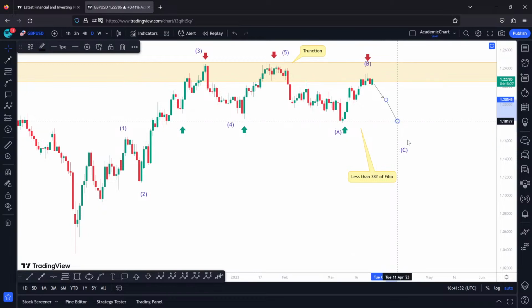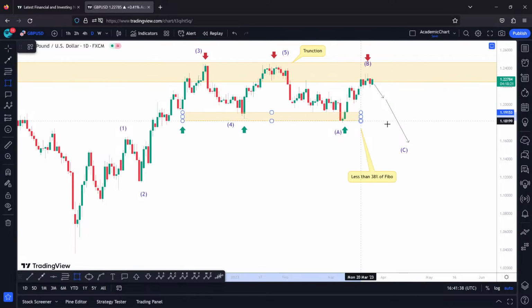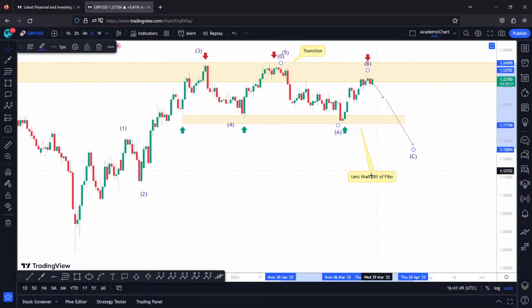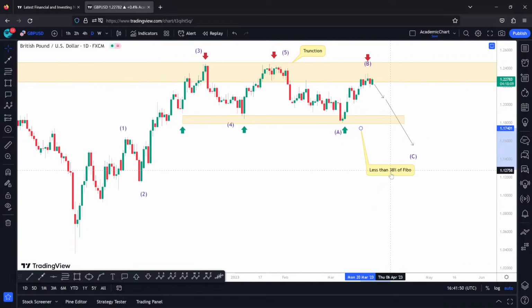And if that's the case, then if I bring back that support zone that we had, we are seeing that in that case we are going to see a breakdown even as the long term to this level, and to complete to the 38 percentage or even maybe 50 percentage.